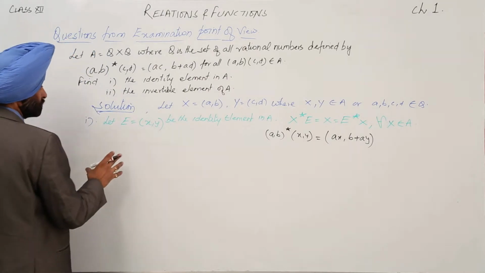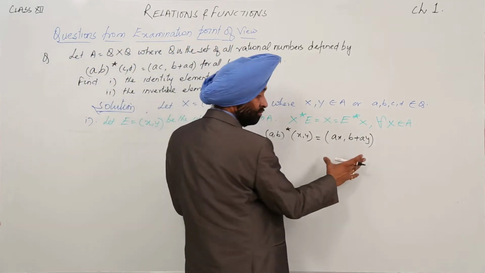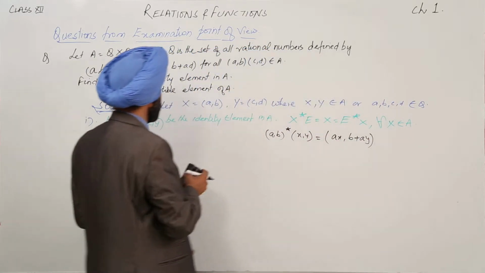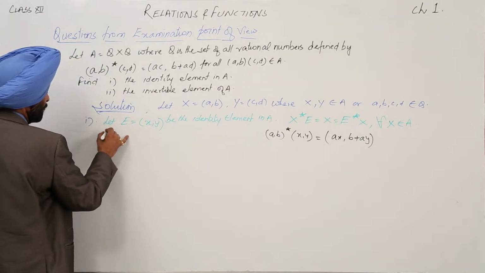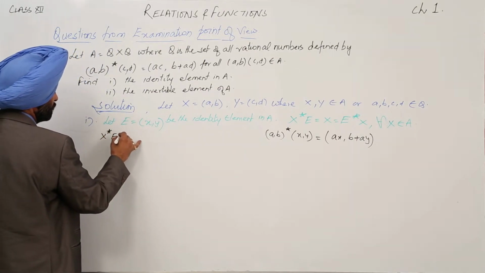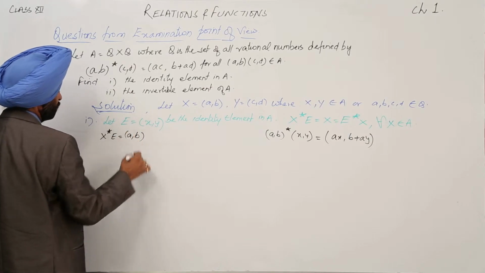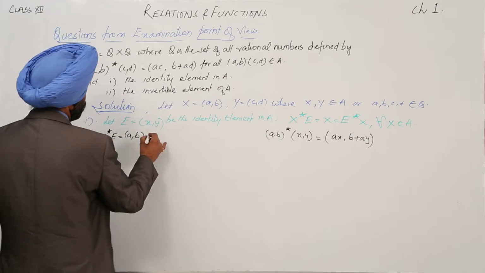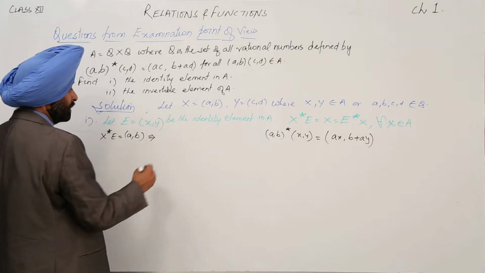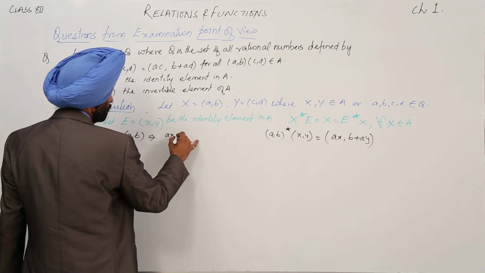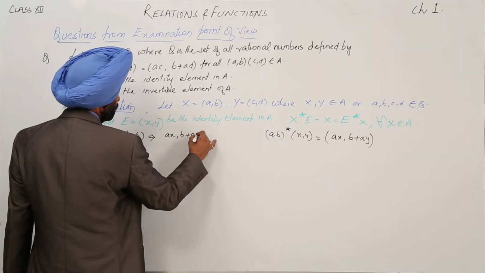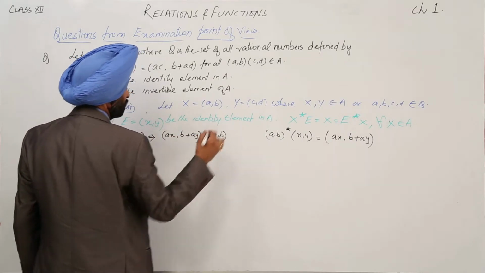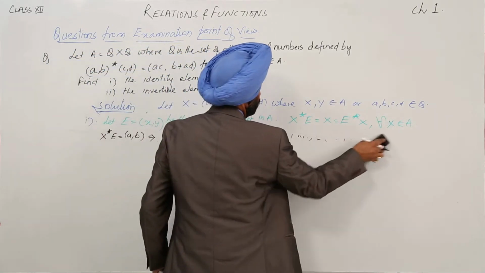Okay, this was just for you, so I am rubbing it from here. Now you can write X * E = (a, b), because capital X we have taken as (a, b). So (ax, b + ay) = (a, b).